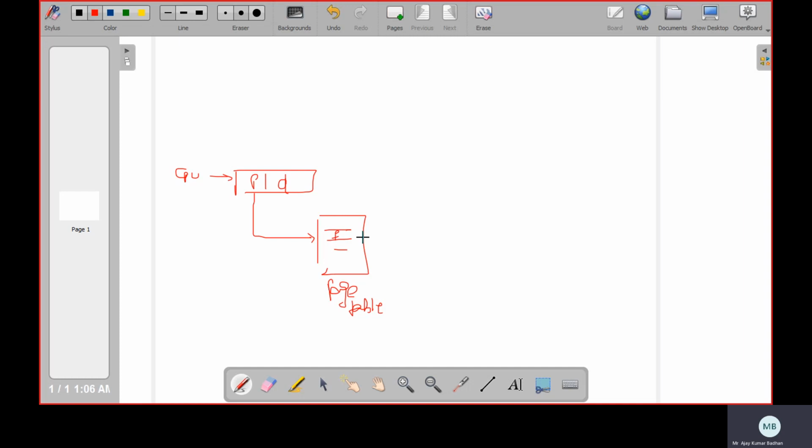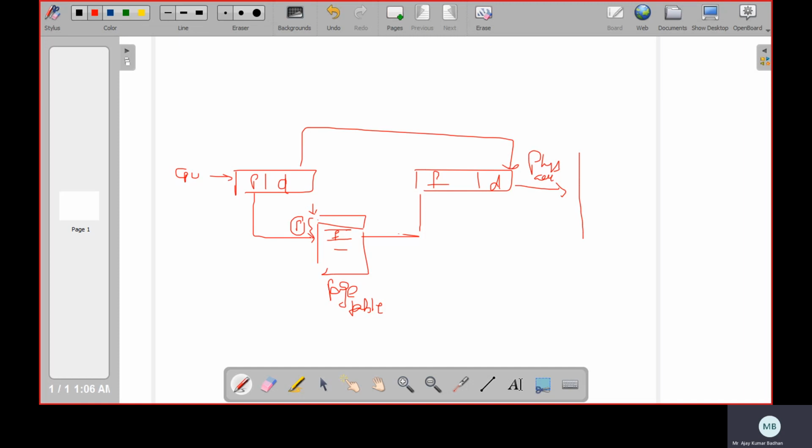It will consist of frames. This P is acting as an index. Based on that P, wherever it is located, we find it as an index here. Whatever frame number is there, we bring it up here, and with that frame number we add the displacement. Finally, you get the physical address within your RAM.